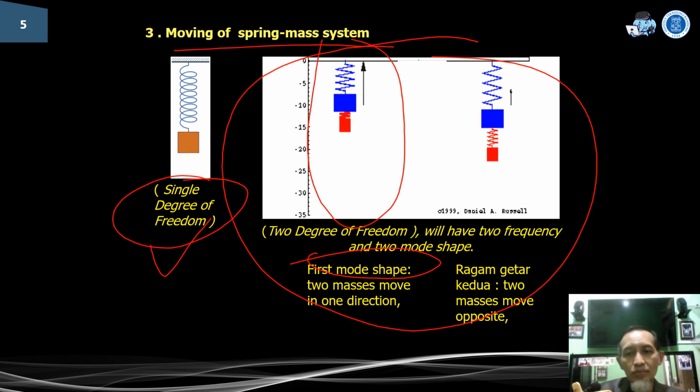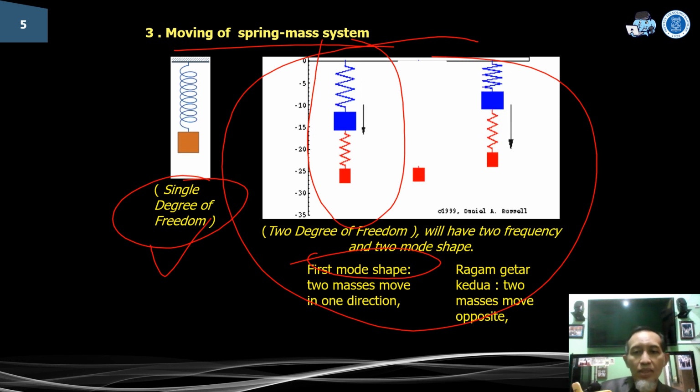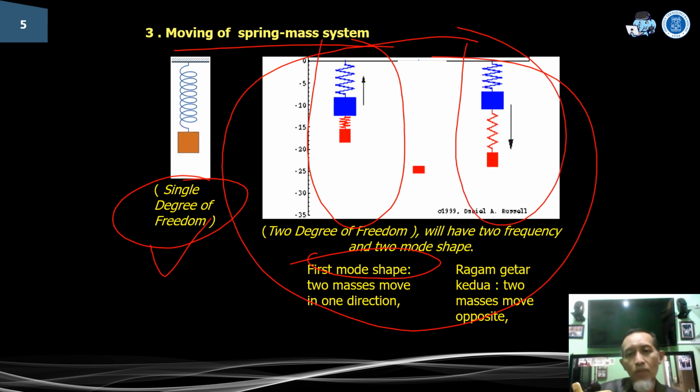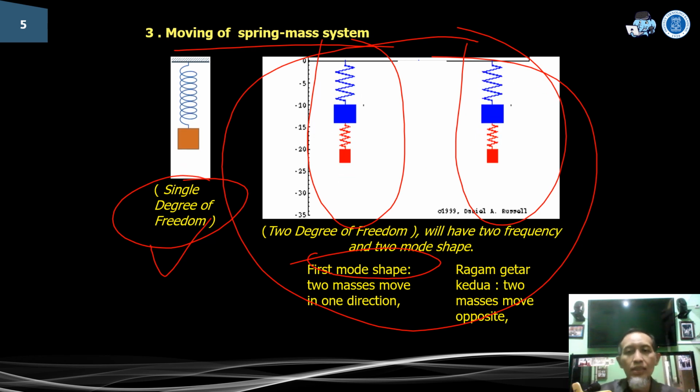And for the second mode shape, 2 masses move in opposite directions, like this. So as the blue one goes downwards, the red one goes upward.